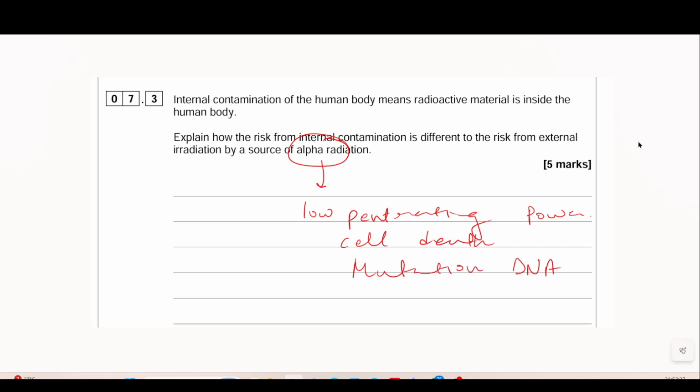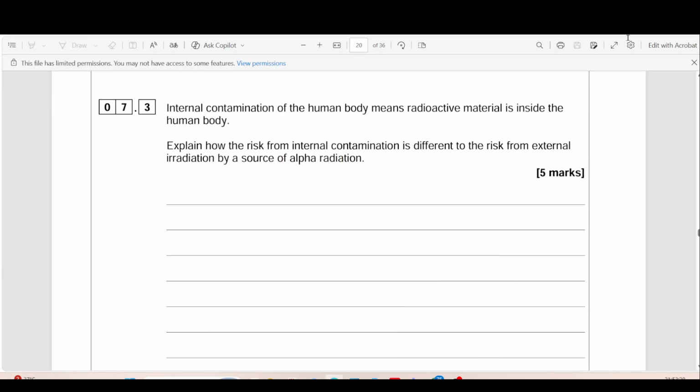Did you get it? Did you write it in your own words? Tell me what you wrote. When inside, it can cause mutations and cause cancer, but externally it is low risk as it cannot mutate or kill cells, because alpha radiation has low penetrating power.